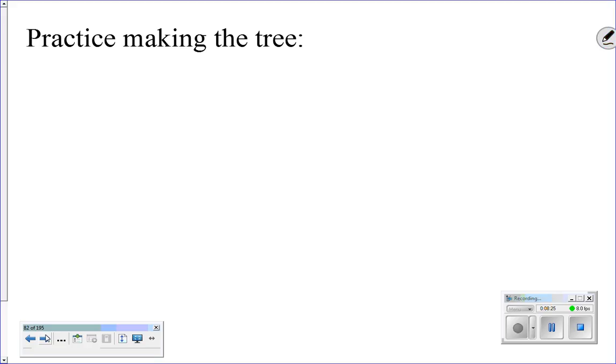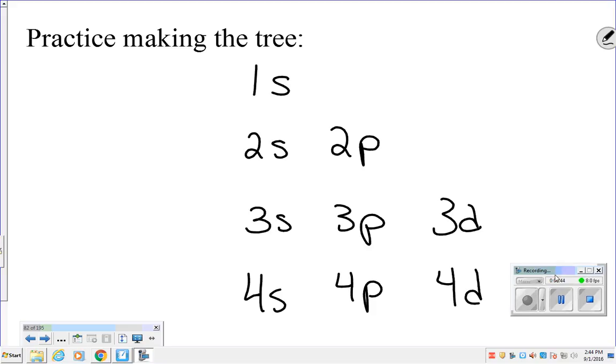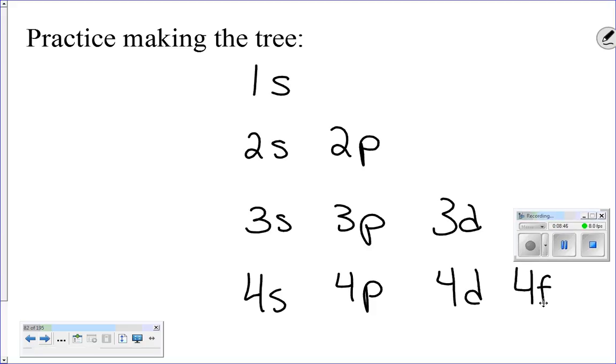So what I do is I start by going 1s, 2s, 2p, 3s, 3p, 3d, 4s, 4p, 4d, 4f.